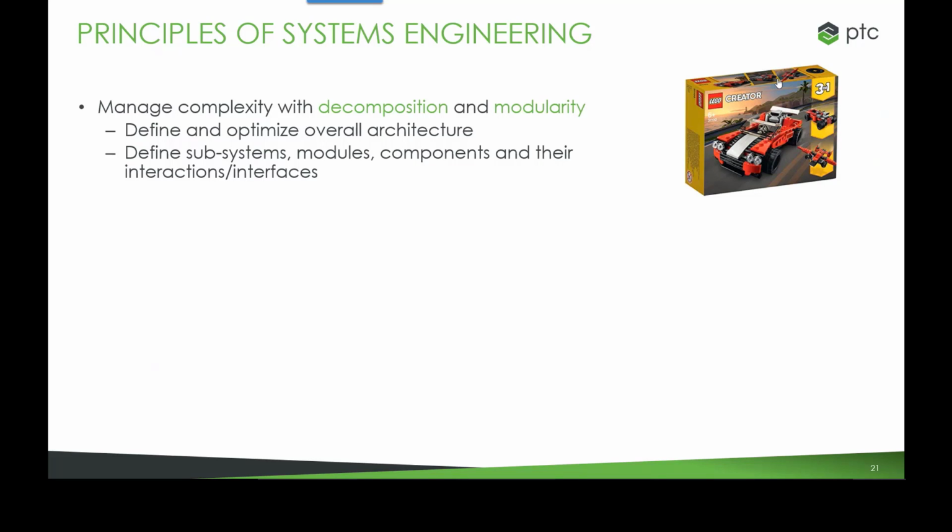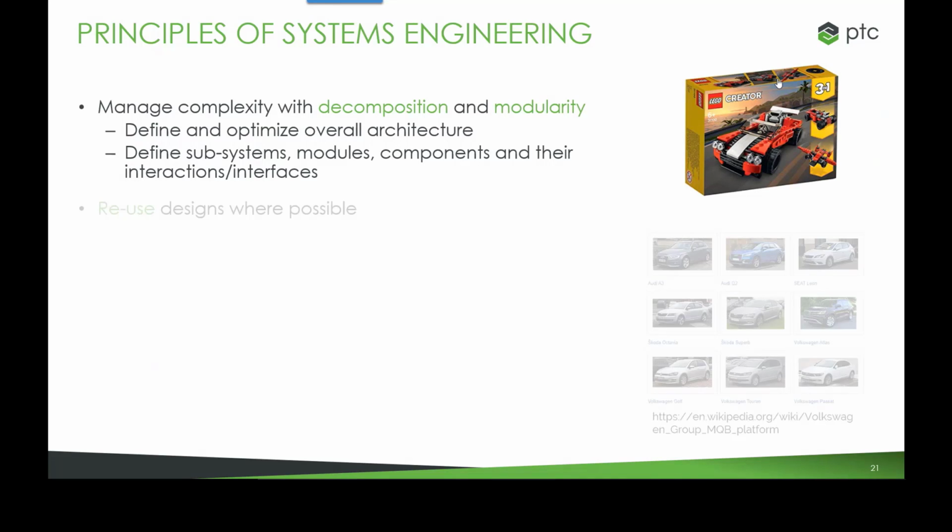In real life, when we're working with more complex products, the goal here is to define and optimize the overall architecture. So we need to define subsystems, modules where possible, and then the lower level components, and then how they interact and what those interfaces are. So that's one of the first steps, to really think about the architecture and how you decompose the solution.